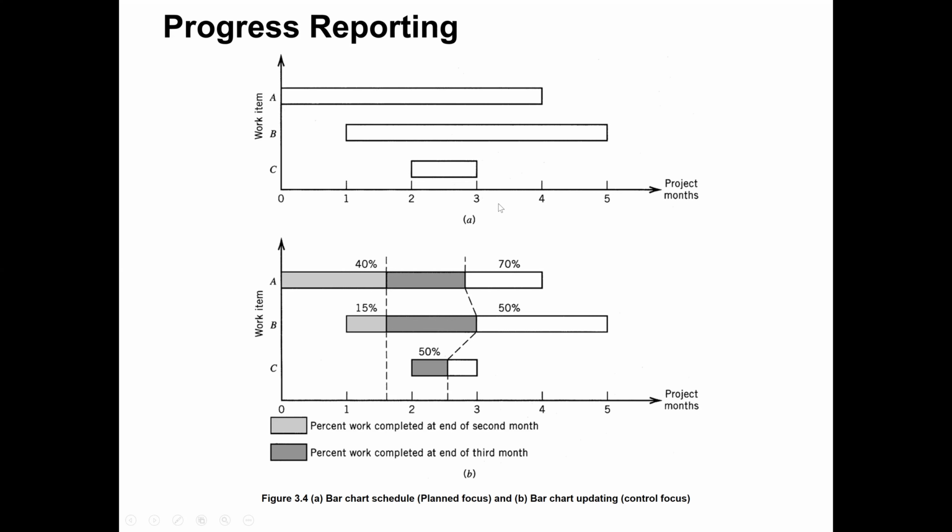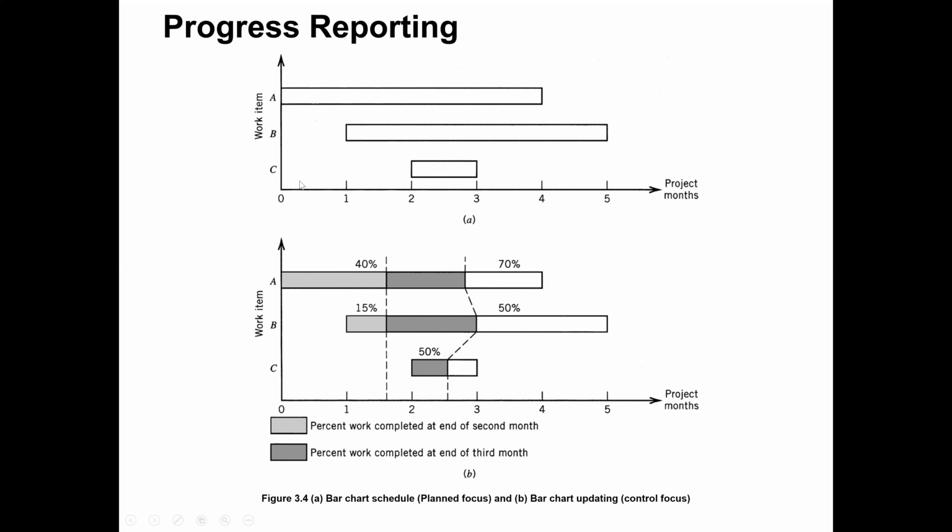Here they put a very simple example, a bar chart, which we call a bar chart schedule. There are three activities, A, B, and C. On the x-axis is the project time in months: the 1st month, 2nd month, 3rd month, 4th, and 5th month.